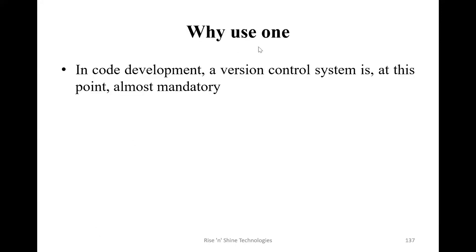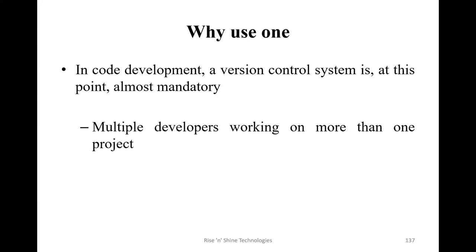Why do we use version controlling tools? In code development, a version controlling system is at this point almost mandatory. Multiple developers work on more than one project. Don't think one developer has only one project, maybe he is working on multiple projects. But whenever he is working on a particular project, he has to upload that project code to the version controlling system.